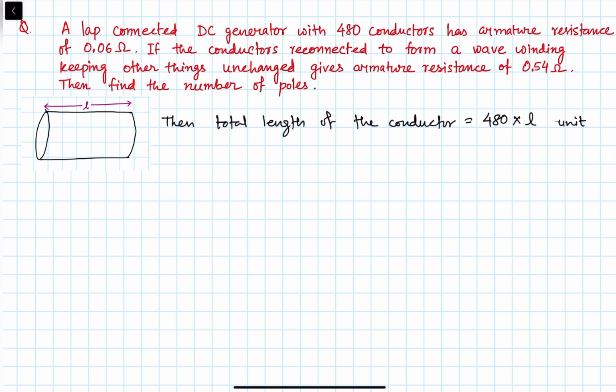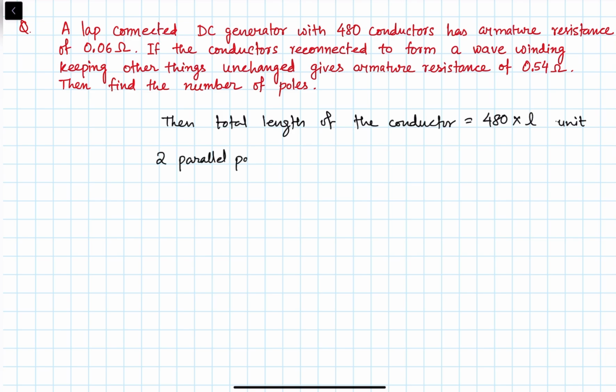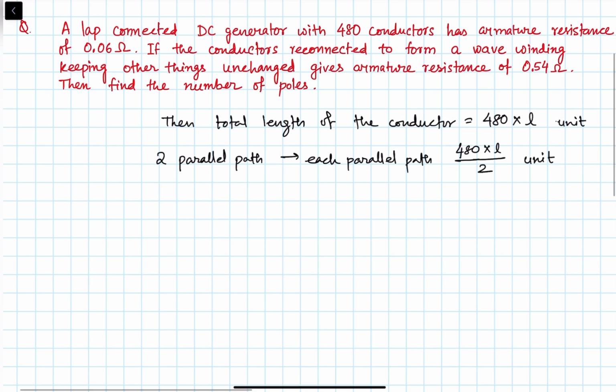So I'm writing unit only. Total length of the conductor is 480 into L. Now if we have 2 parallel paths, then what will be the length of each parallel path? That will be 480 into L by 2 unit.